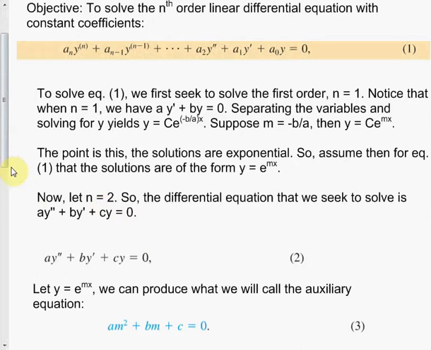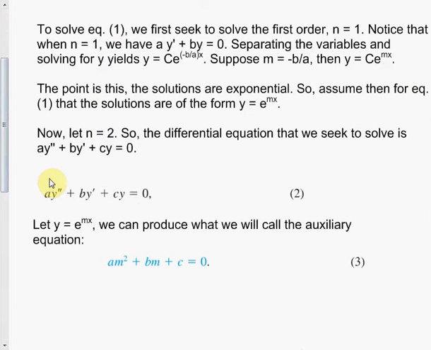So if that be the case, the equation that I want to solve is a times y double prime plus b times y prime plus c times y equal to 0. I want to solve that. If we let y equal to e to the mx, and we say that this is the solution type, then let's take this y and plug it back into equation number 2, and what happens is you produce an auxiliary equation.